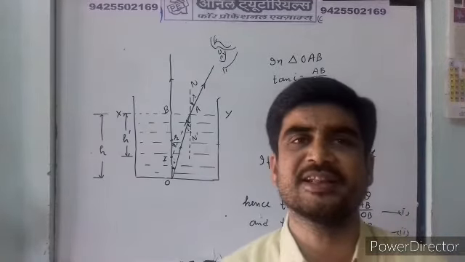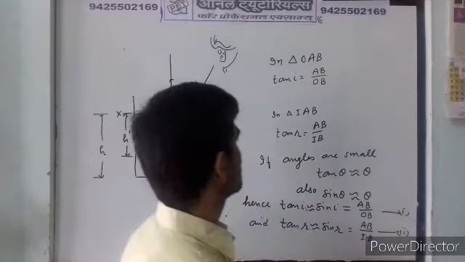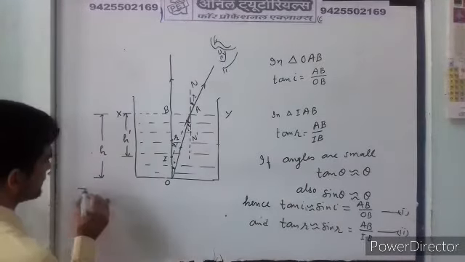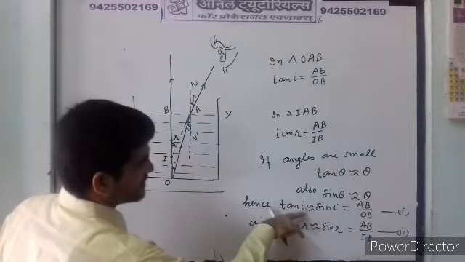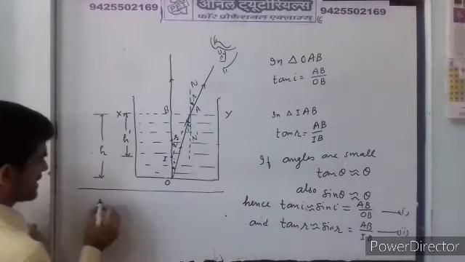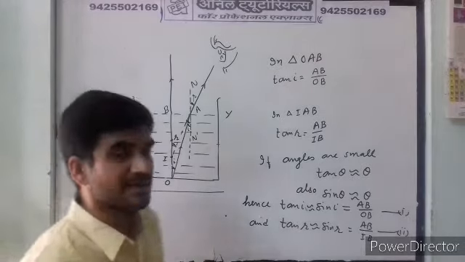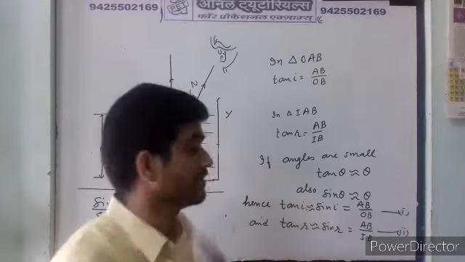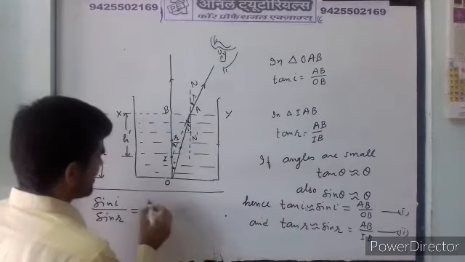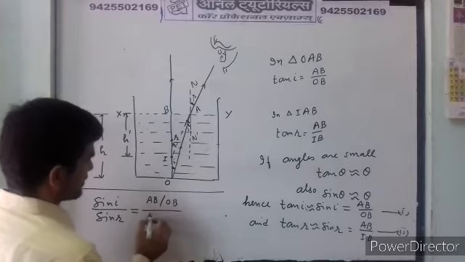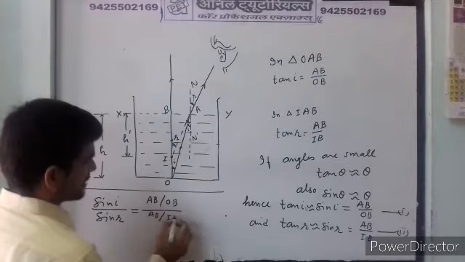Now we divide equation 1 by equation 2. See, what shall we get? Dividing equation 1 by equation 2, we will get sin I upon sin R. Sin I upon sin R is equal to what? AB upon OB whole upon AB upon IB.